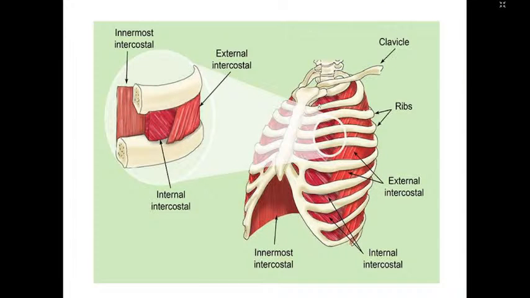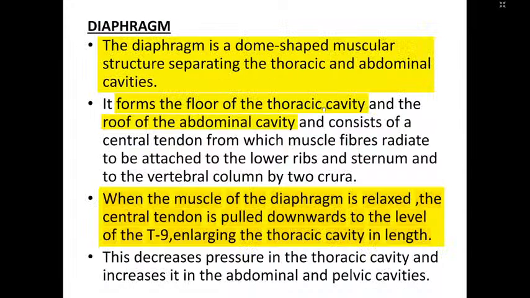So this is the sternum. If your external intercostal muscle is contracting, it will lift up the ribs. You can just stand in front of a mirror and breathe and see. So it will expand outside on deep inspiration, and your diaphragm will go down. So we come to the diaphragm.